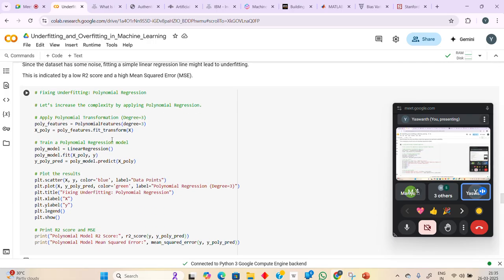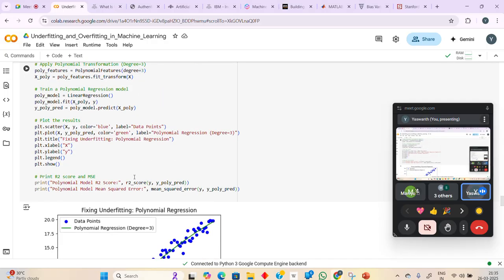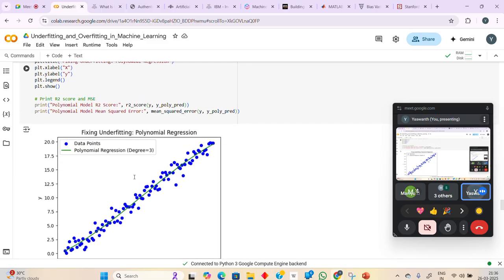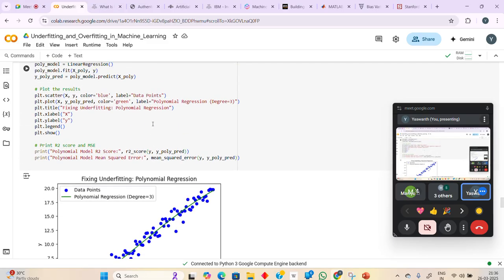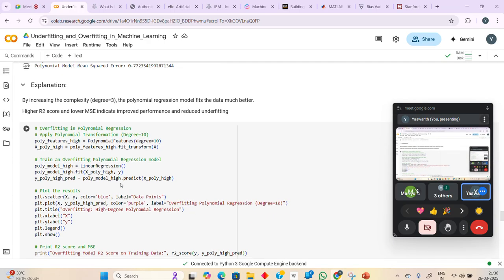And you can use this way. I already told polynomial regression we can go, with degree equal to 3. You just need to alter the degree so that you will get the best fit line. Then you can see R square and mean square error, and it is kind of fixing the underfitting.